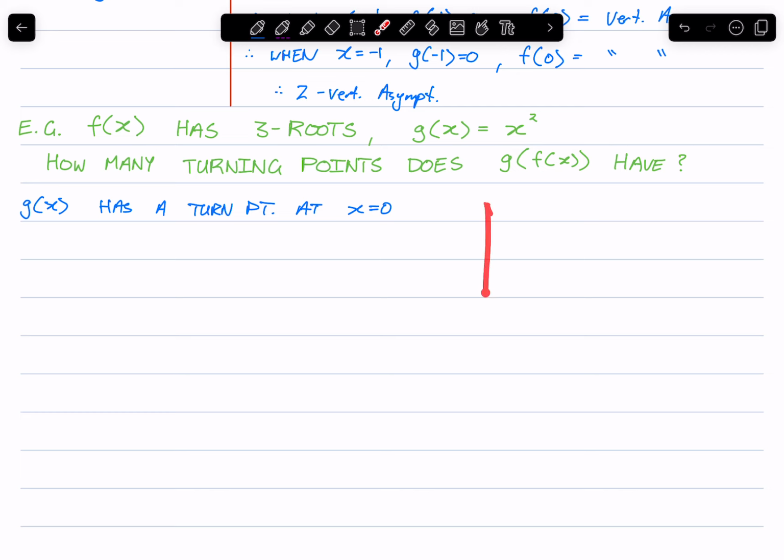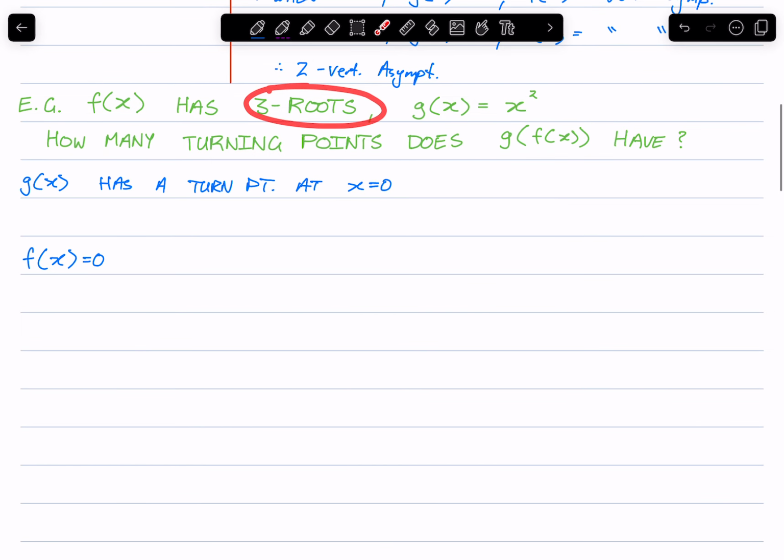It's just a parabola. So at x equals 0, it has a turning point. Well, how many times does f equal 0? F of x equals 0. How many times does this occur? Well, as you can see, it says it has 3 roots.